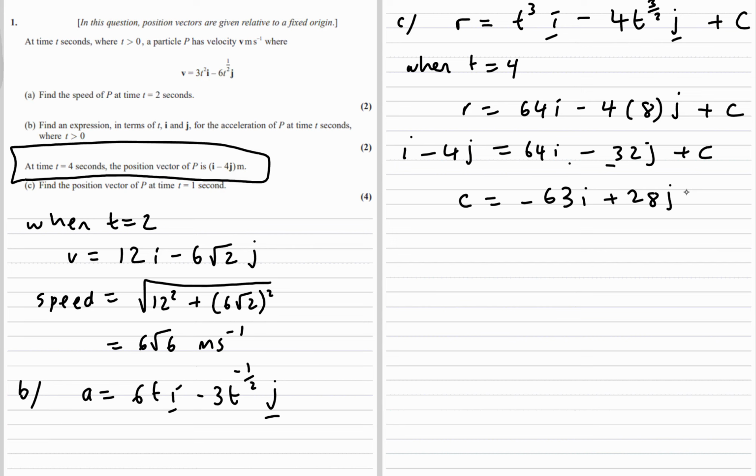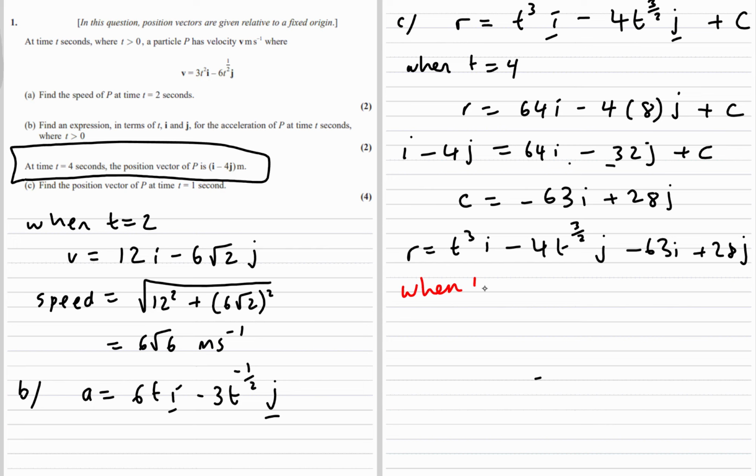So we can rewrite our position vector now. So r is t cubed i minus 4t to the power of 3 over 2 j minus 63i plus 28j. And we want to know the position when t equals 1.